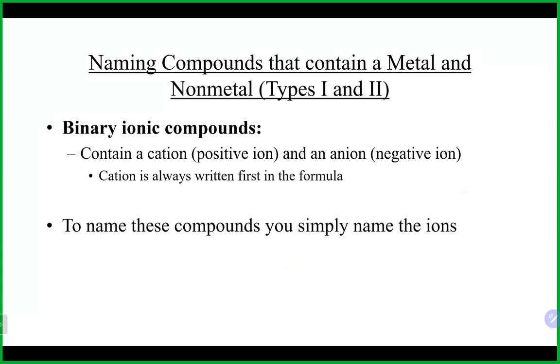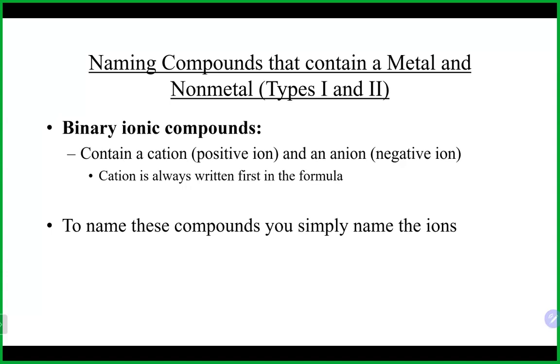Also, it should always be positive guy first, followed by negative. So it should always be the cation first, then the anion. And that order should go both in the naming of a compound and also when you write the formula. So when you write the formula or you write the name for it, it should always be the positive guy first, followed by the negative guy.